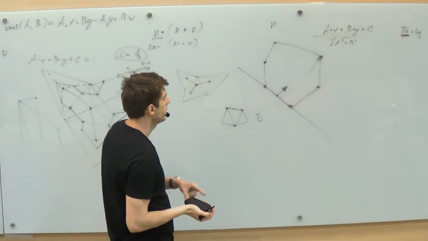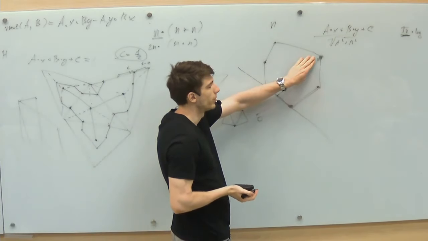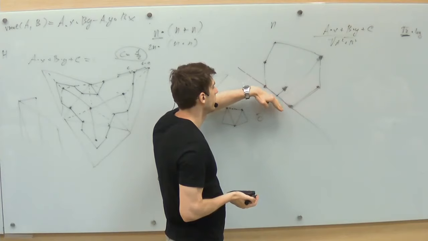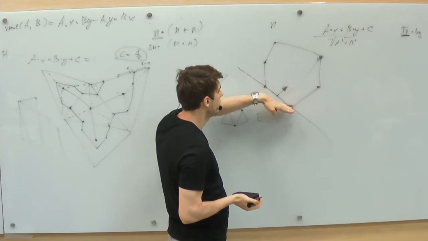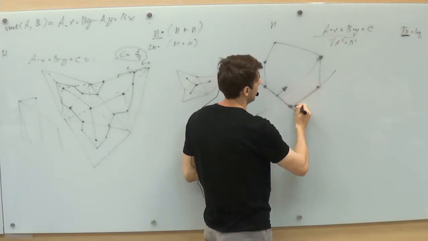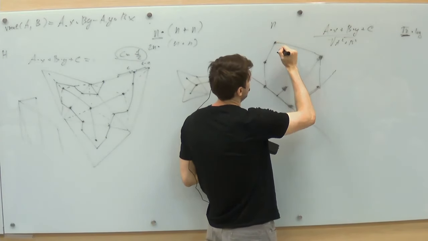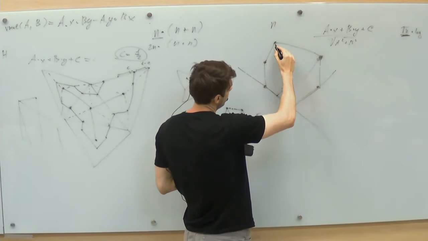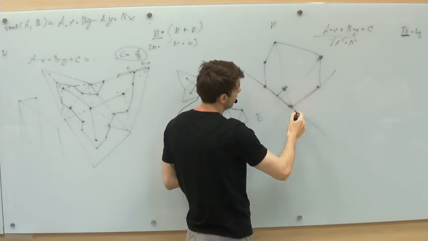So this point we could find with binary search, and if you use binary search for every edge, for every line, you'll have this point, and we will check it with both ends of the edge, and we'll find that this segment is the longest.